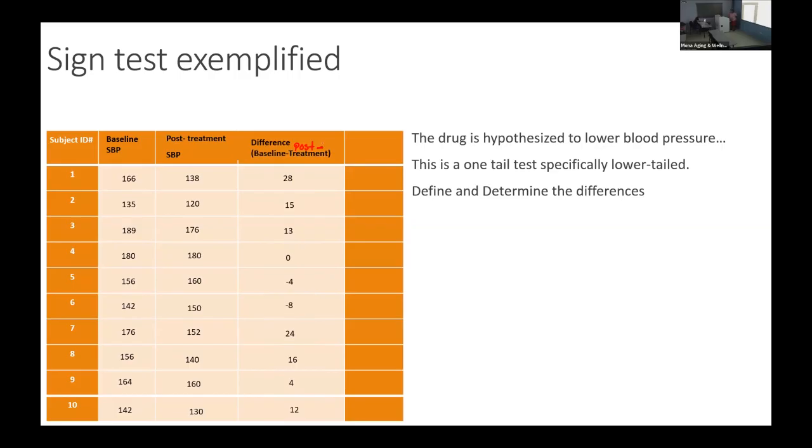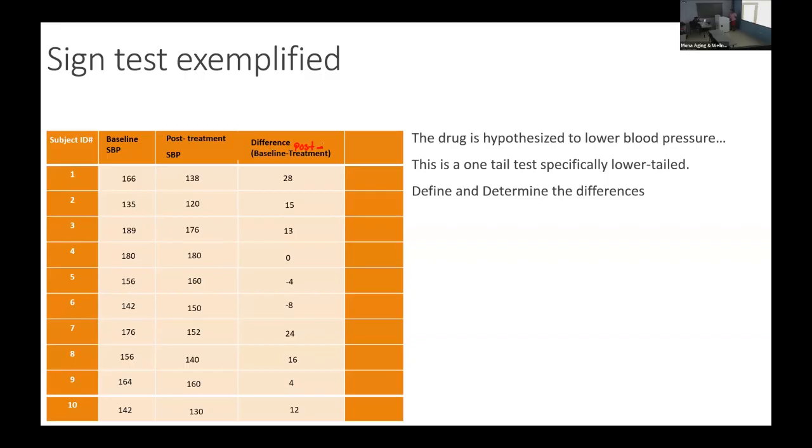So for example, subject number 1, the baseline is 166 minus post-treatment 138, which gives us a difference of 28. Subject number 2, 135 minus 120 gave us a difference of 15. Subject number 4, their baseline was 180, their post-treatment is also 180, and so the difference between those two is 0. Subject number 5, they had a baseline reading of 156.